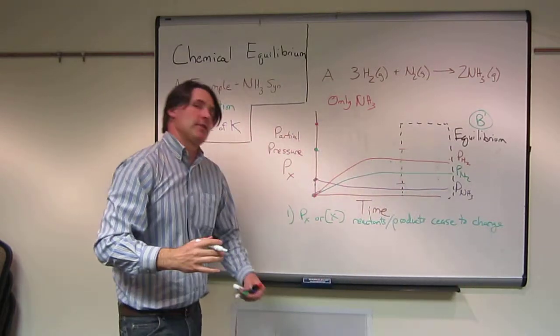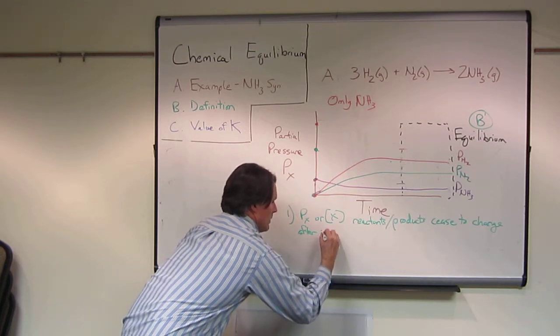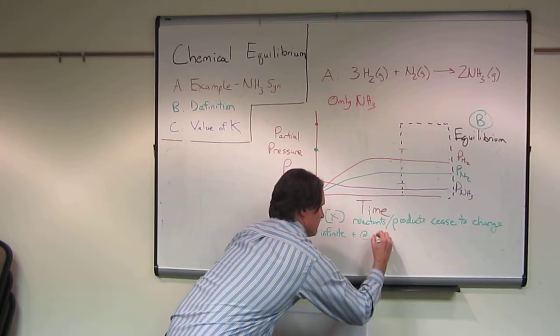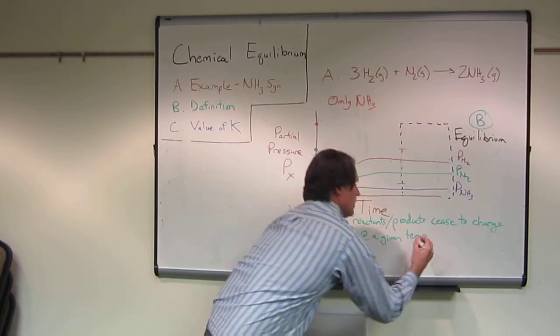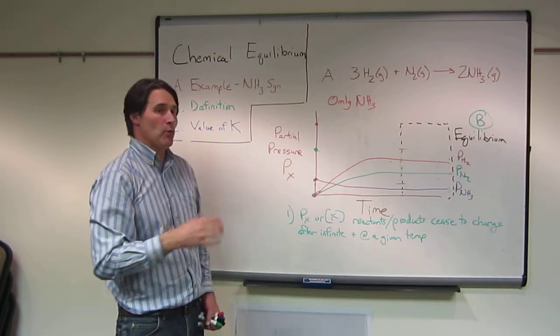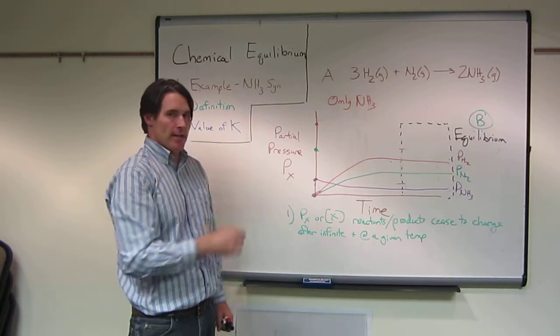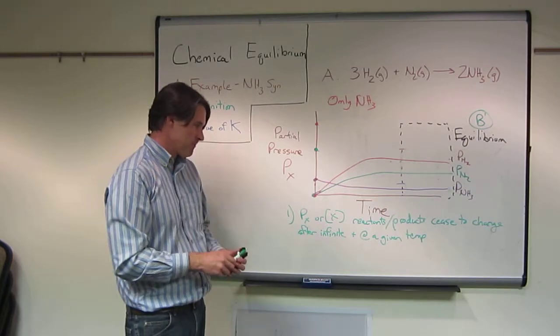Now, this is after infinite time and at a given temperature. Now it turns out you can also, and we will, define equilibrium in terms of kinetics and rates. But for now, we're just defining it in terms of the partial pressures and concentrations ceasing to change.